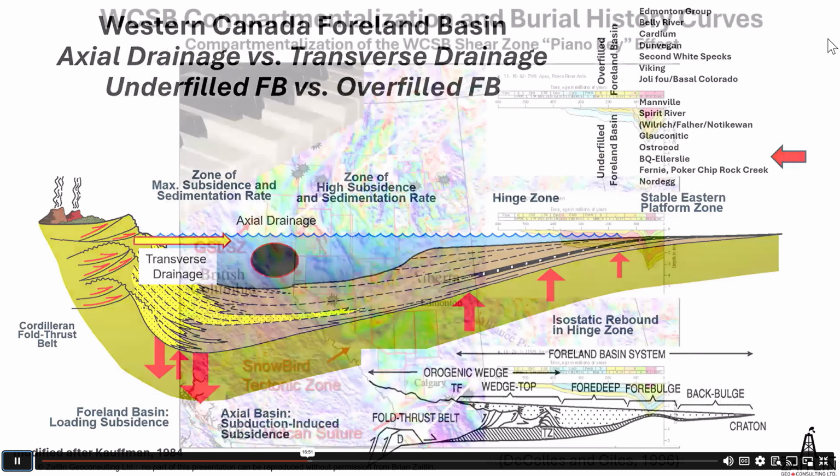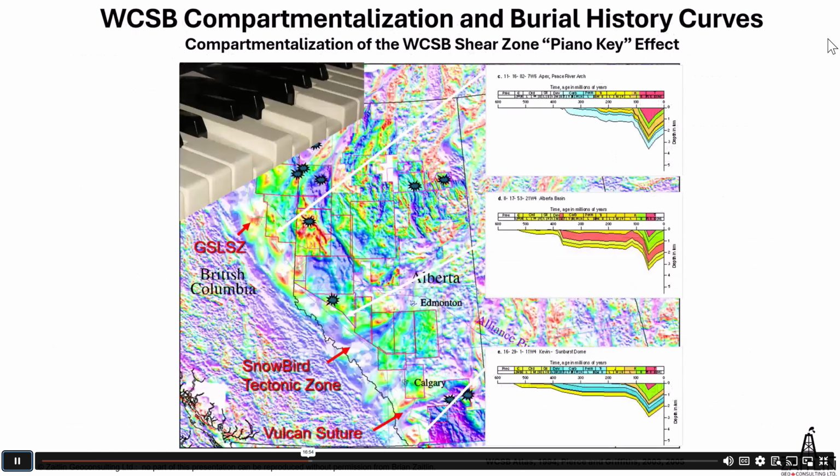And to do that, we should first begin to take a look at what's happening with the basement. This is an HRAM map, a high resolution aeromagnetic map that was put together. And you can take a look at the grain that's associated with that map.